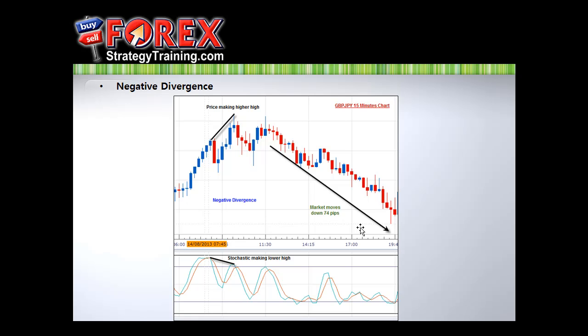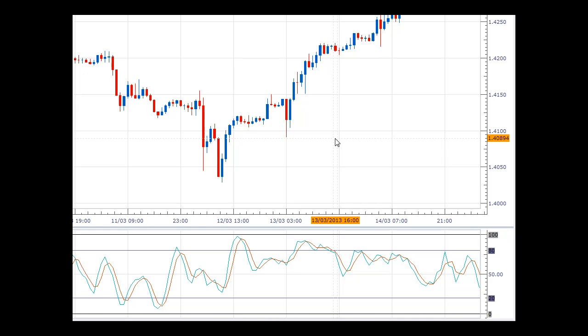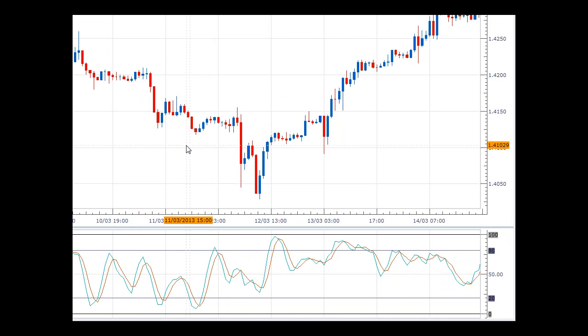Okay, so let me show you an example of this stochastic divergence strategy. What you're seeing here is the pound Swiss franc hourly chart. So what we have here is this pattern. You can see this is a low point, this is another low point. So let me connect them together.